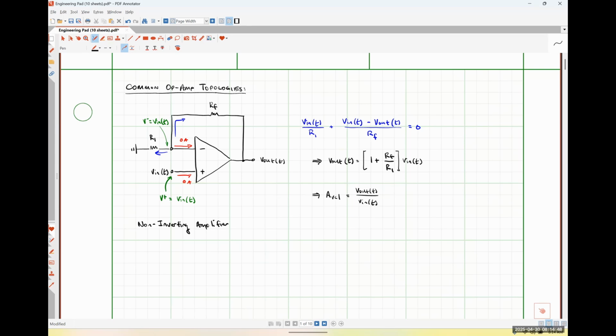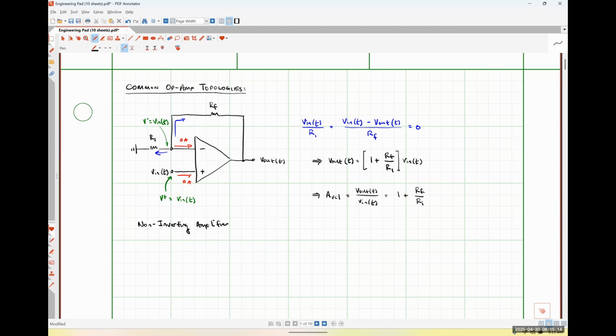It's describing what the amplifier is actually doing, or how it processes an input signal. And so in this case, our closed loop voltage gain is simply 1 plus RF over R1, as Mr. Bearden surmised.